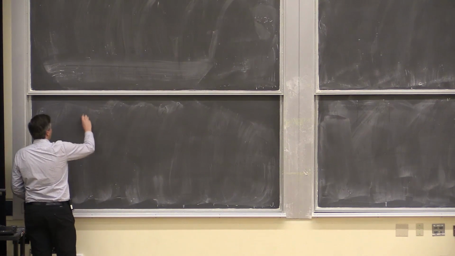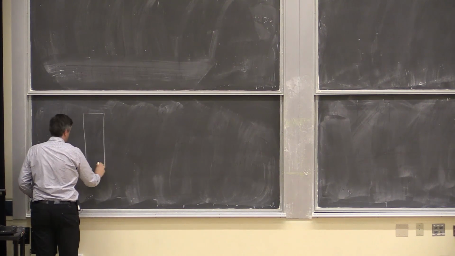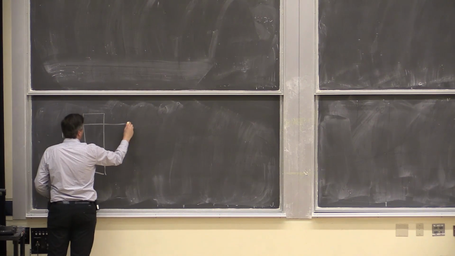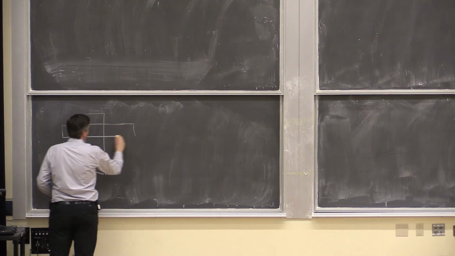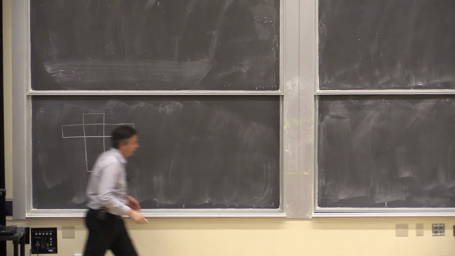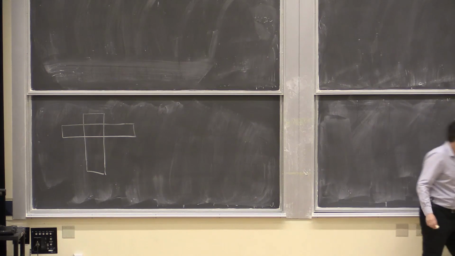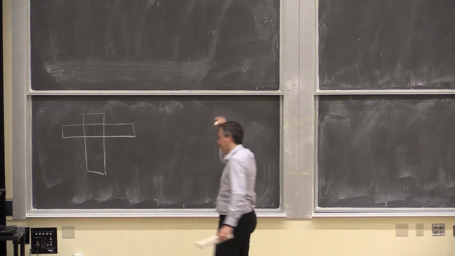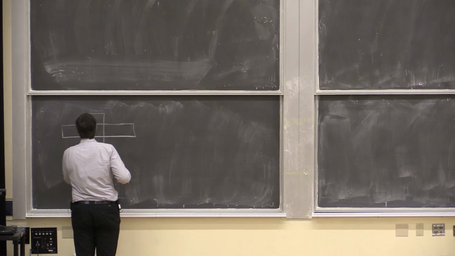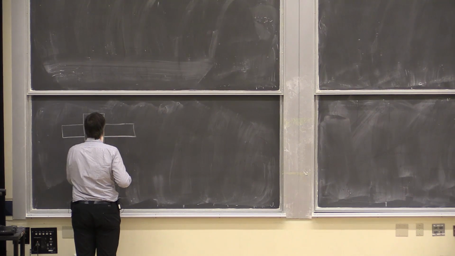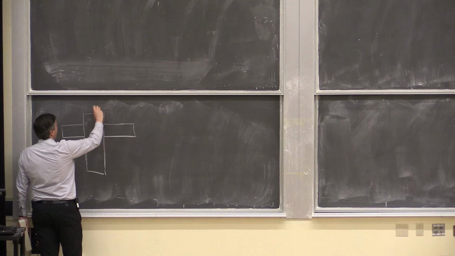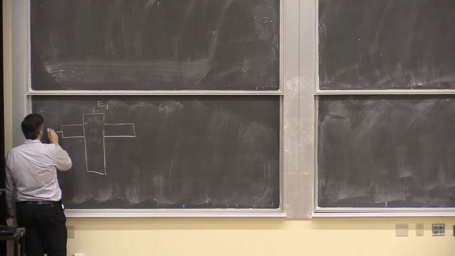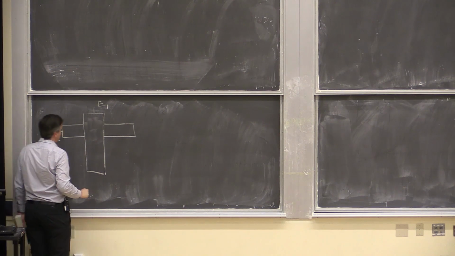So let me draw a little sketch here. What I'm drawing here is essentially the top view of your touch screen as well as the side view. Let me just be a little bit more precise. So this will be our electrode E1. This will be our electrode E2.